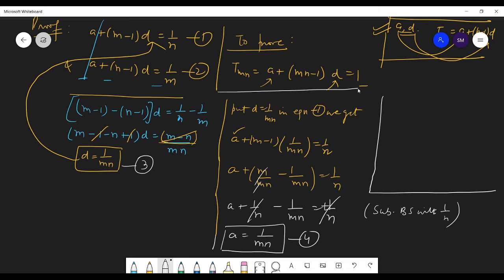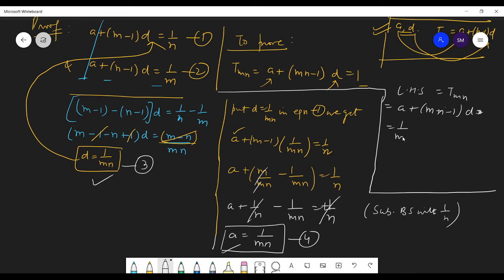Agreed, students? Yes, sir. So students, what is your LHS? A plus (MN minus 1) into D. So that's your LHS, which is equal to T (MN), that is A plus (MN minus 1) into D. We have found the value of A and D, and we are going to put the value of A and D here, right?